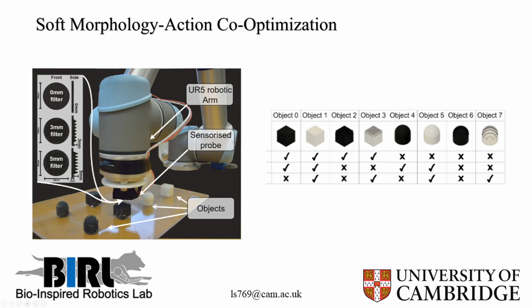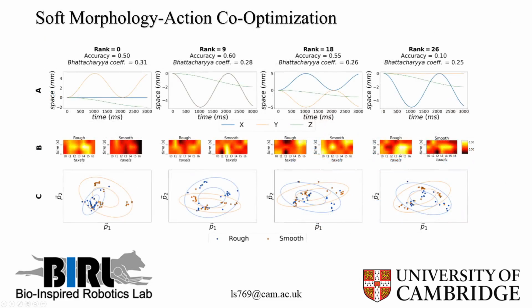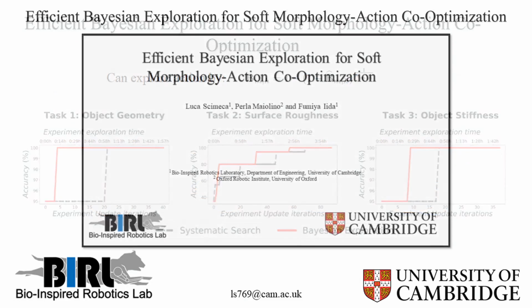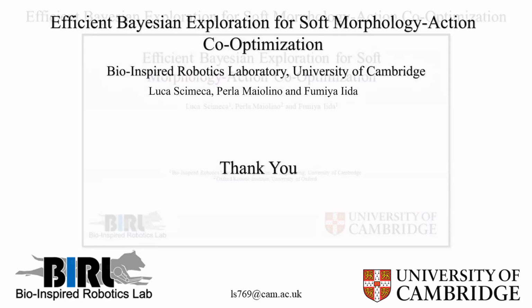Together with that rough surface, it will pick an action which makes the robot go back and forth against the direction of the roughness, so that it can sense it better. For these objects instead, it picks something like the smooth dielectric, which better discriminates between them. Thank you.